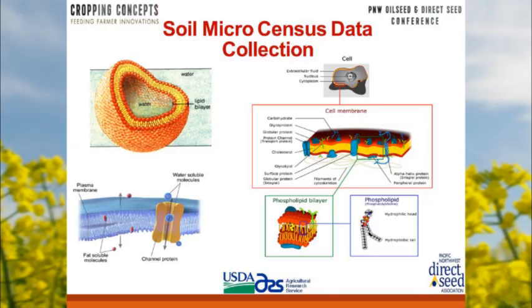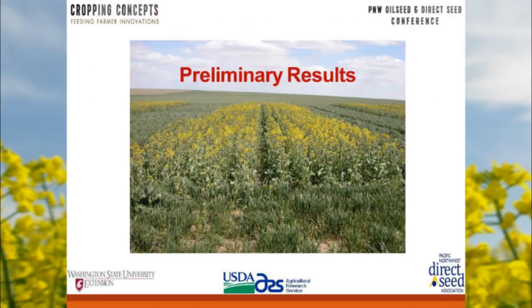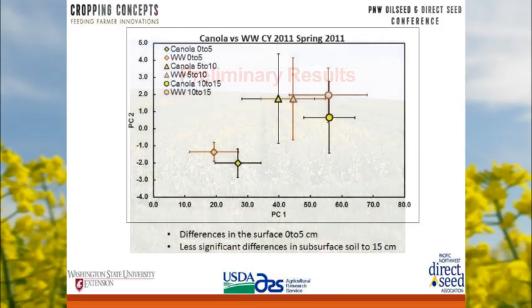I'm going to emphasize preliminary results here because these are fairly rough, crude statistical methods that I've analyzed the last few years of data, with a lot more to come. But what I wanted to show you is starting with the 2011 plots, and then also sampled in the spring of 2011. So we're sampling in crop. What I've got here are 3 different depths.